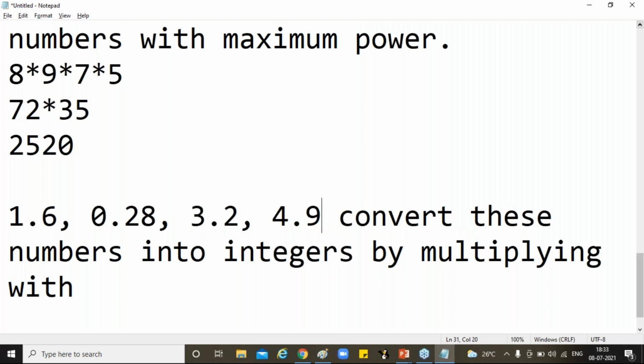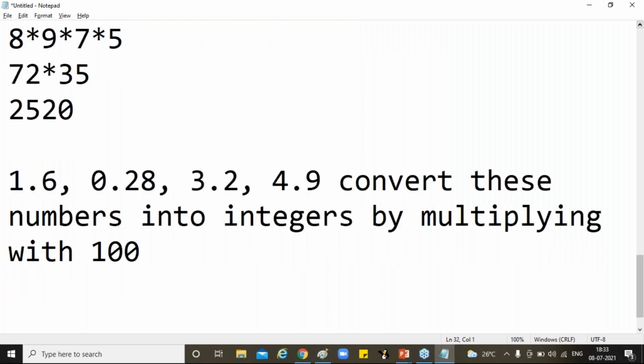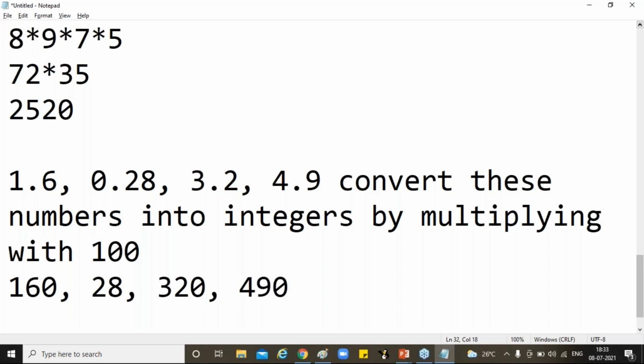But if you want a common multiplier for all these numbers, better to multiply with 100. So 1.6 into 100 is 160, 0.28 into 100 is 28, 3.2 into 100 is 320, 4.9 into 100 is 490.